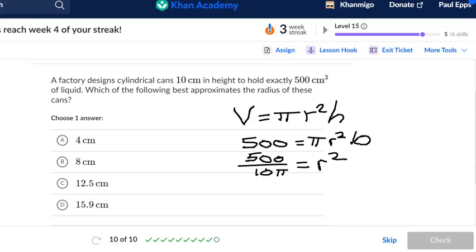Now we need the square root of both sides, and now we need a calculator. Let's see. All right, let's do the square root of 500 over 10 pi.